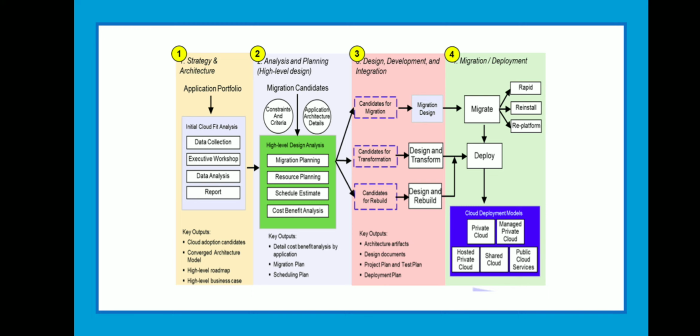And at the same time, as I said, if you map KPIs and ROIs as a part of cost benefit analysis, you can build a business case or business justification for a group of applications. For instance, for candidates of migration, transformation, and rebuild, you may need a single business case or different business cases.